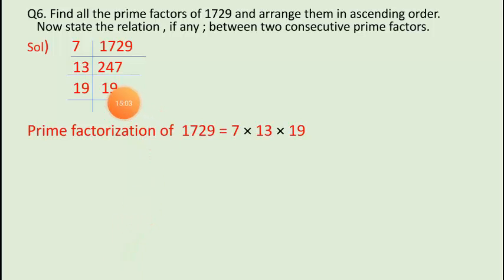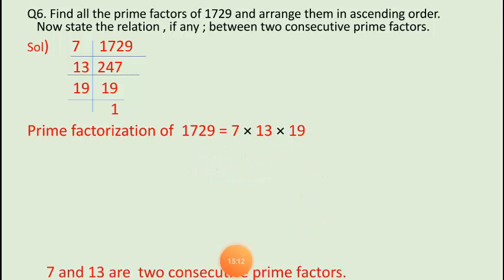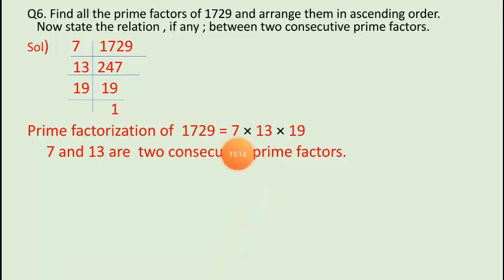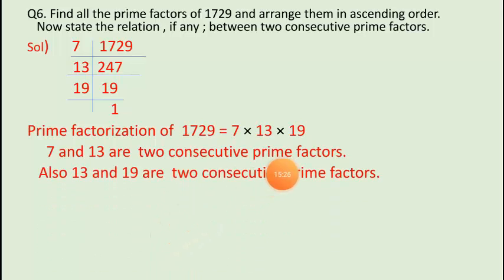So here we have obtained the prime factorization for this number 1729 as 7 into 13 into 19, and you can see here the 7 and 13, they are the prime numbers and they come one after another, means they are the two consecutive prime factors. And even when we compare this 13 and 19, they are also the two consecutive prime numbers.